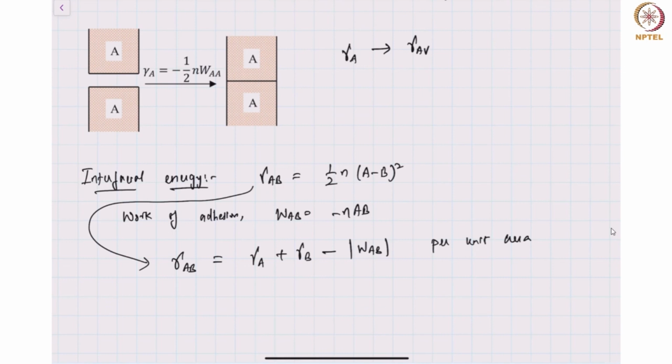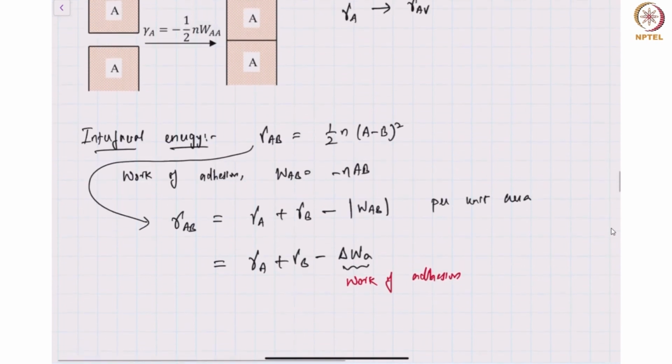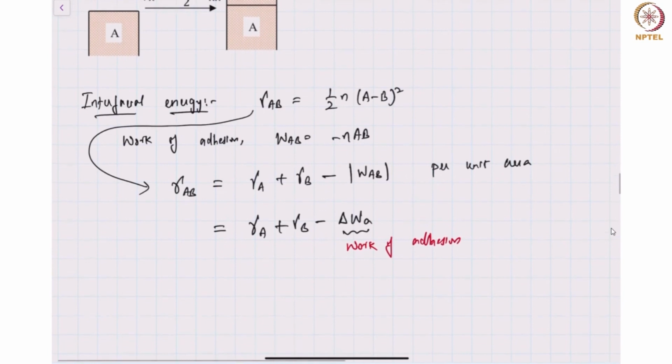So now you can also write it more explicitly as gamma A plus gamma B minus the work of addition. So it's important to remember that the interfacial energy that we have here is related to the extra surface that we are creating, right?